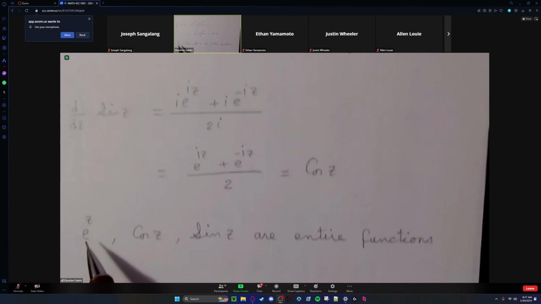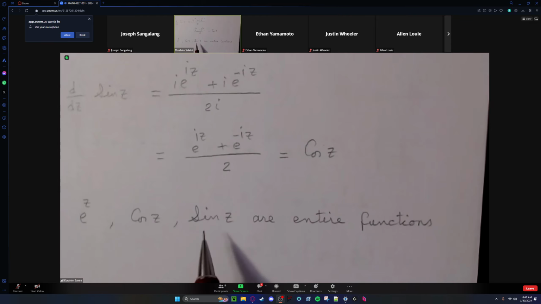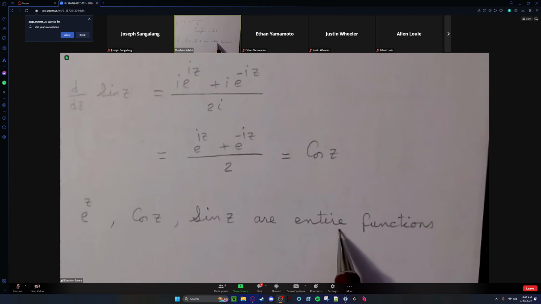Same thing with e to the z, it always has a derivative. These types of functions whose derivative exists all the time, we call entire functions. So if you see this term entire function, it means that particular function has derivative everywhere, all right?